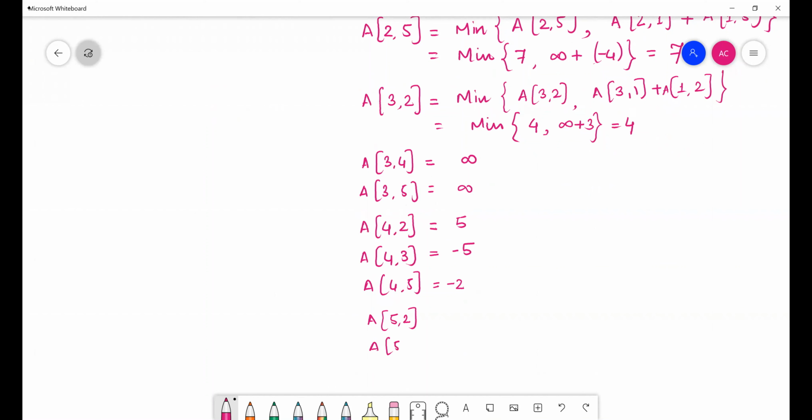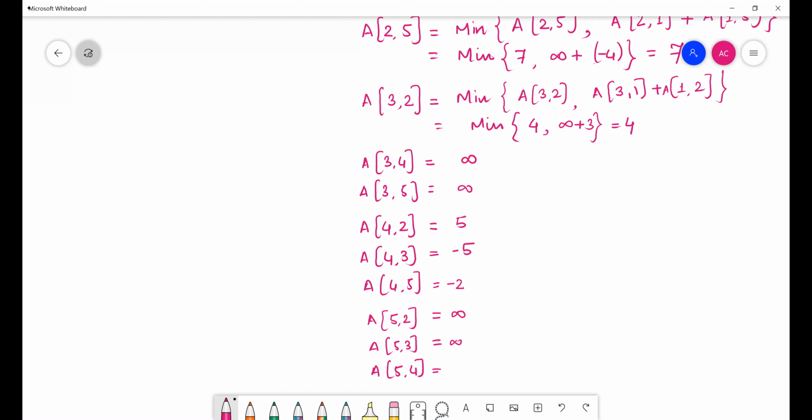5 to 2, 5 to 3 and 5 to 4. What is coming? 3? No, 3, sir, wrong. Infinity. Are they all infinite, or is only 5 to 2 infinite? 5 to 2 and 5 to 3 are infinite.